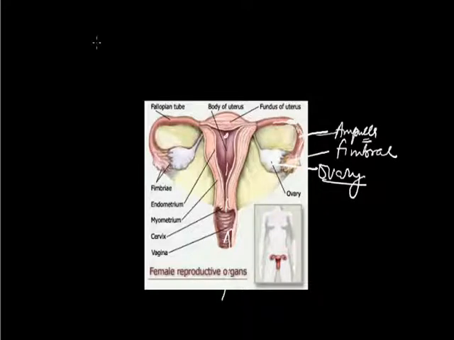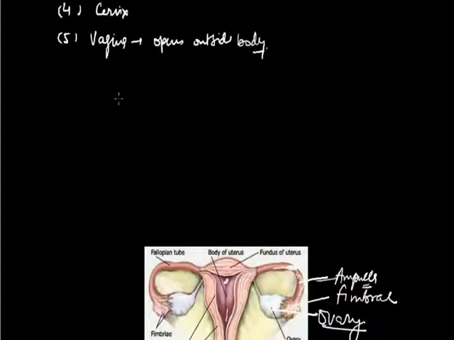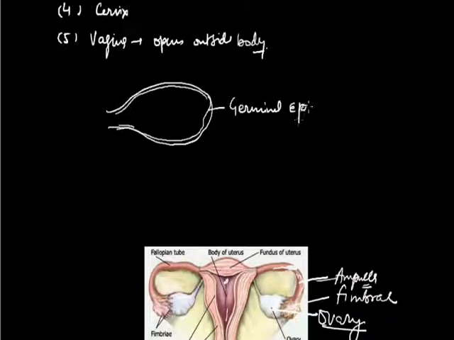Let us discuss the internal structure of the ovary. If we see the ovary from inside, it looks like this. It is lined with germinal epithelium cells. These cells continue to divide mitotically initially. This is the germinal epithelium. It divides mitotically to produce egg mother cells.